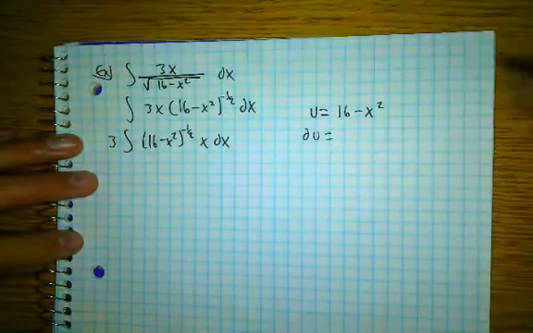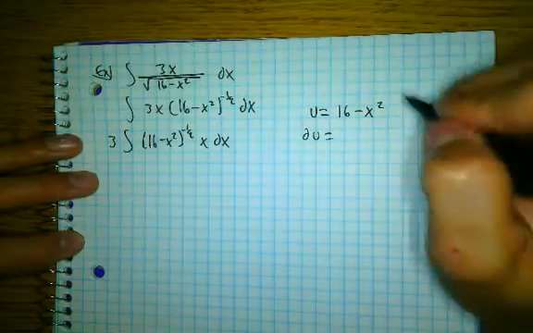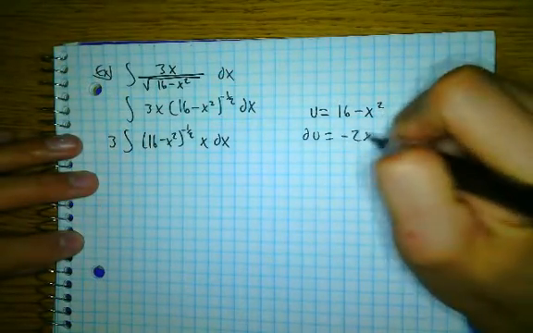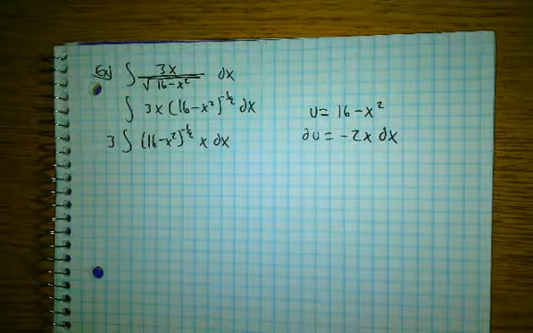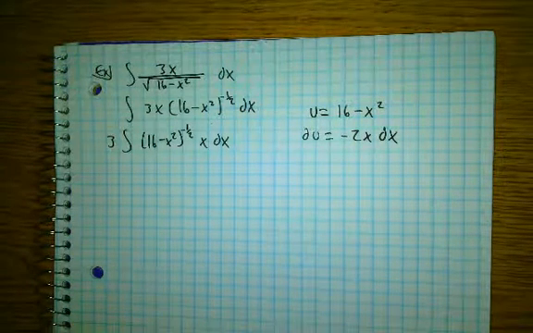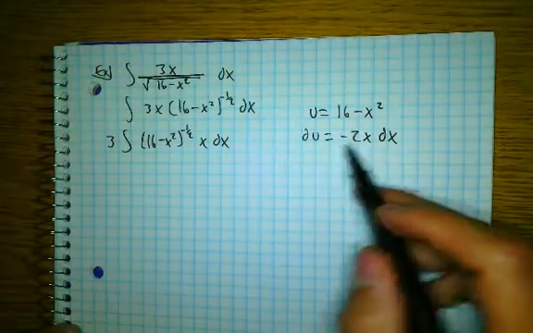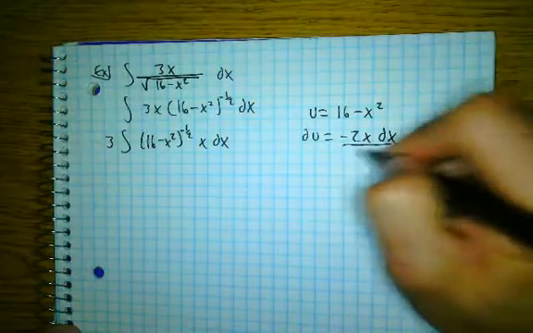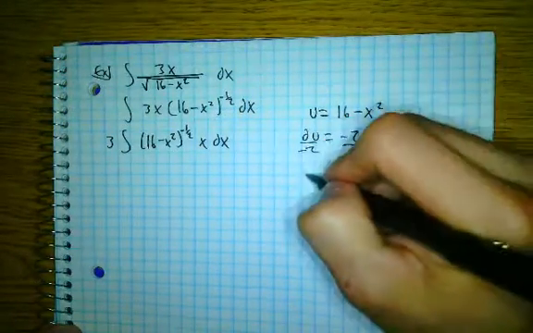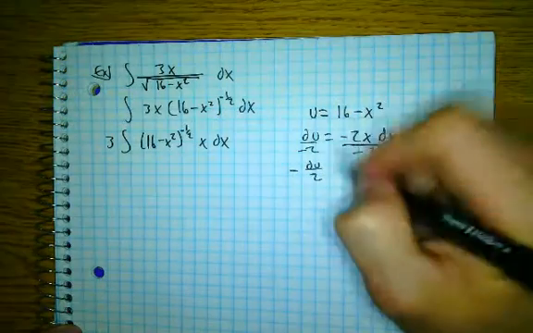Negative 2x dx, right? Okay, do we have enough to make substitutions here? Yes, but we have to manipulate this a little bit, right? I don't want this negative 2, so what do you suggest I do? Awesome. So then this becomes negative du over 2 equals x dx, right?